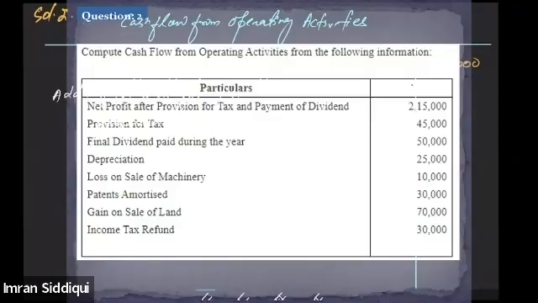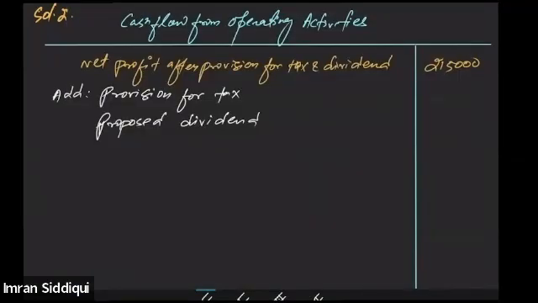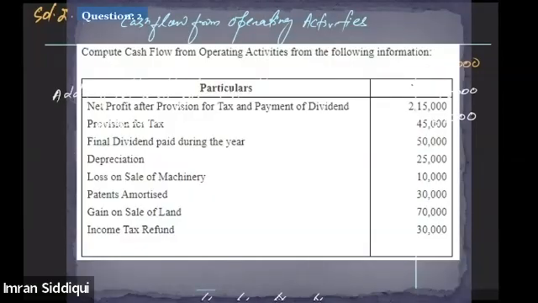Provision for tax is given as 45,000, and the dividend paid during the year is 50,000, right? So 45,000 and 50,000. Got it? Is this clear?